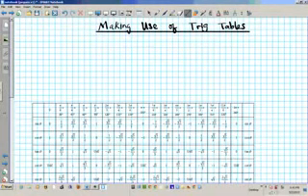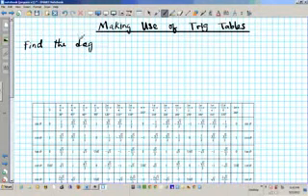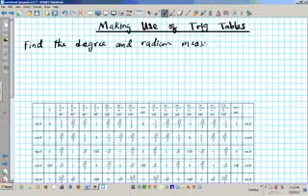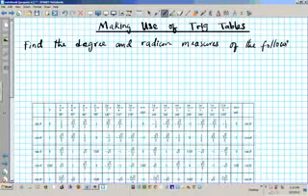So let's write on the instructions for the notes for today. Find the degree and gradient measures of the following expressions.